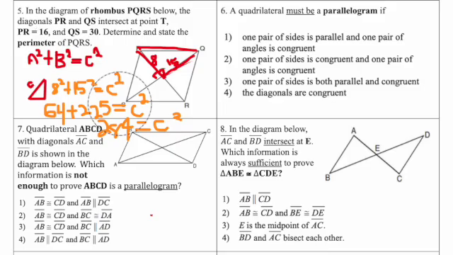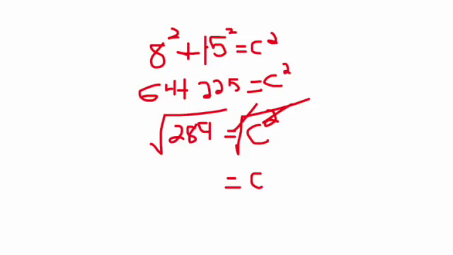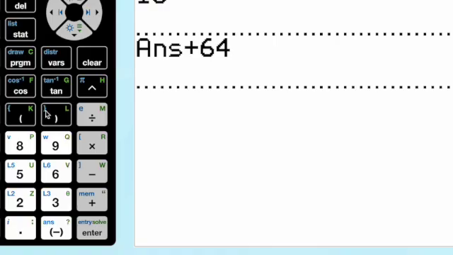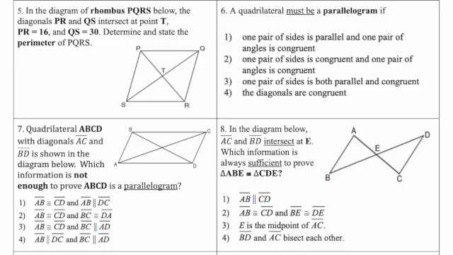I'm going to erase some of this. Is it still there? That's cool. I'm just learning how to use this thing. So the square root of 289 is 17.